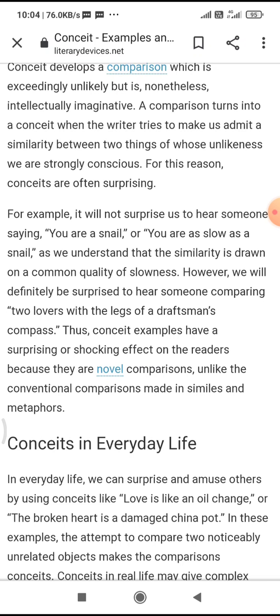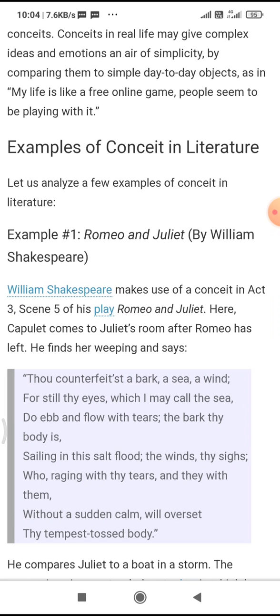Conceits in real life may give complex ideas and emotions an air of simplicity by comparing them to simple day to day objects, as in, "My life is like a free online game. People seem to be playing with it."